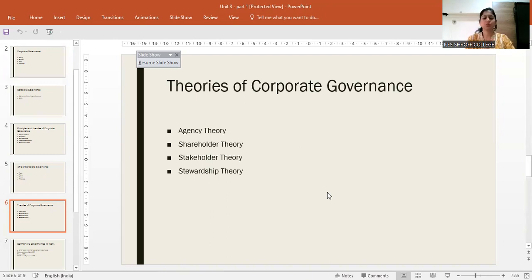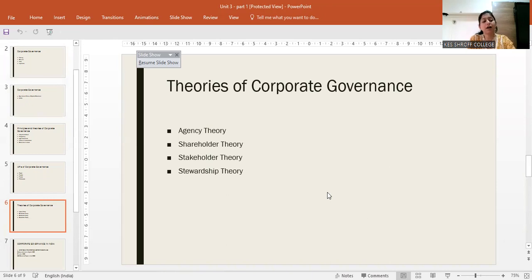Shareholder theory, students, is completely focused on the interest of the shareholder. Shareholder theory and stakeholder theory both are normative theories of business ethics and CSR. But both theories tell how the shareholder and the stakeholder deal in the business environment from different perspectives. Now, shareholder theory was introduced by Milton Friedman.